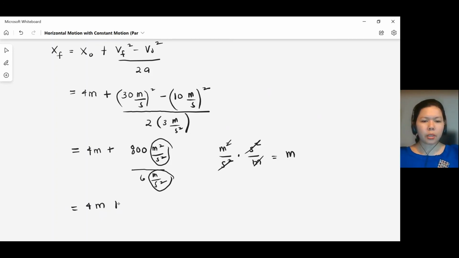So 800 divided by 6 using your calculator is 133.33. That's repeating. I'm placing a bar there. Meters plus 4, so 137.33 or 137.3 meters. Our X final.